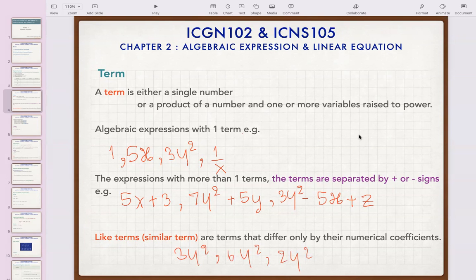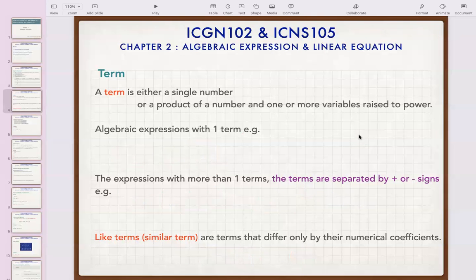When a problem or question talks about similar terms or like terms, you have to know that we mean the same variable with the same exponent, but the difference is just the number in front, or the coefficient only. Okay, any questions about this slide for the definition of terms? If you don't have any questions, let's move on to the next slide.